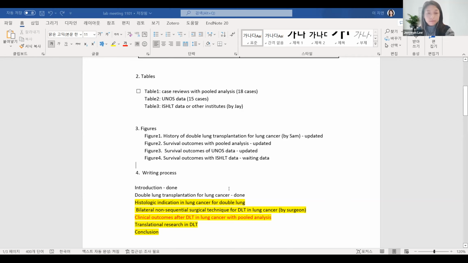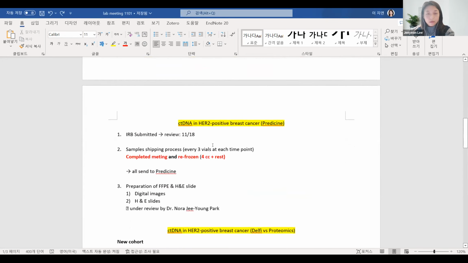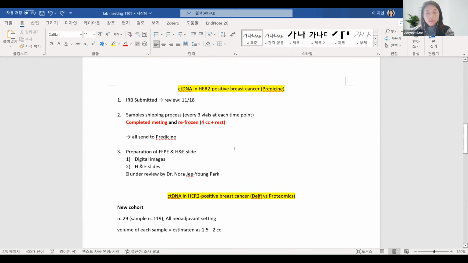And I'm writing the manuscript right now. And this is the next project. It's about the ctDNA. The IRB will be reviewed on November 18th. And as I discussed with you, I will send it to Persistent, all of them.